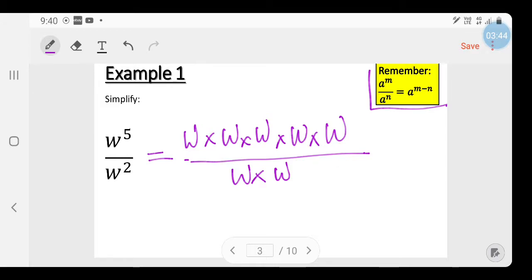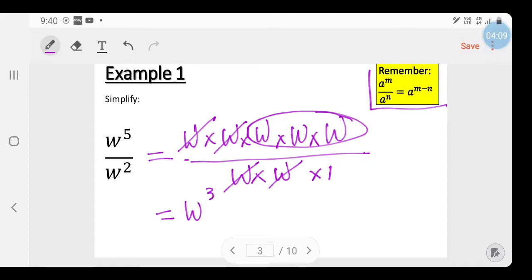Now we know from fractions that we can cancel things out in this situation. So 1 w here cancels with 1 here. 1 w here cancels with 1 here. There's nothing left on the bottom of the fraction except times 1, I suppose. What's left on the top is this, w times w times w, in other words, w cubed.